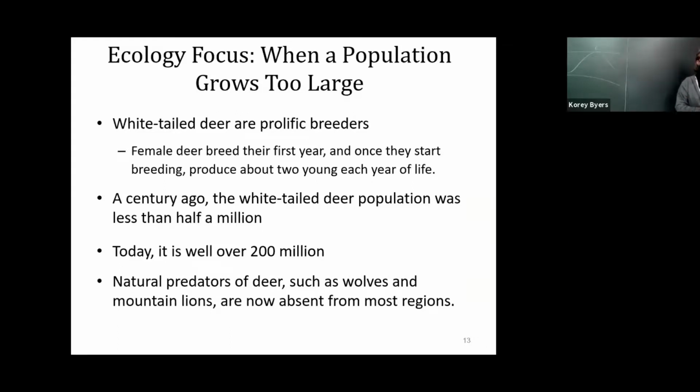Now, a century ago, the white-tailed deer population was less than 500,000. Today, if you consider all the area of white-tailed deer, it's well over 200 million. But think about it. If you go back a century ago, early 1900s, think about how much forested area there was. A ton, right? We've fragmented and gotten rid of a lot. Plus, think about how many natural predators there were.